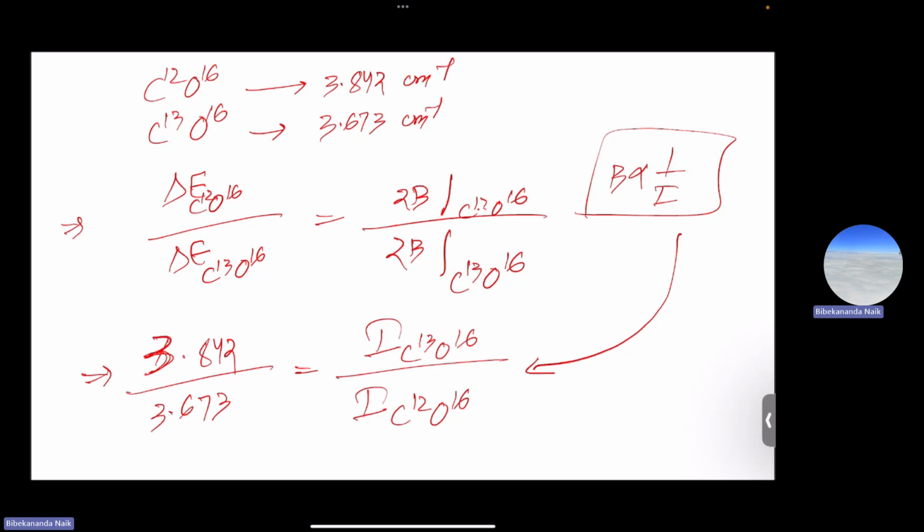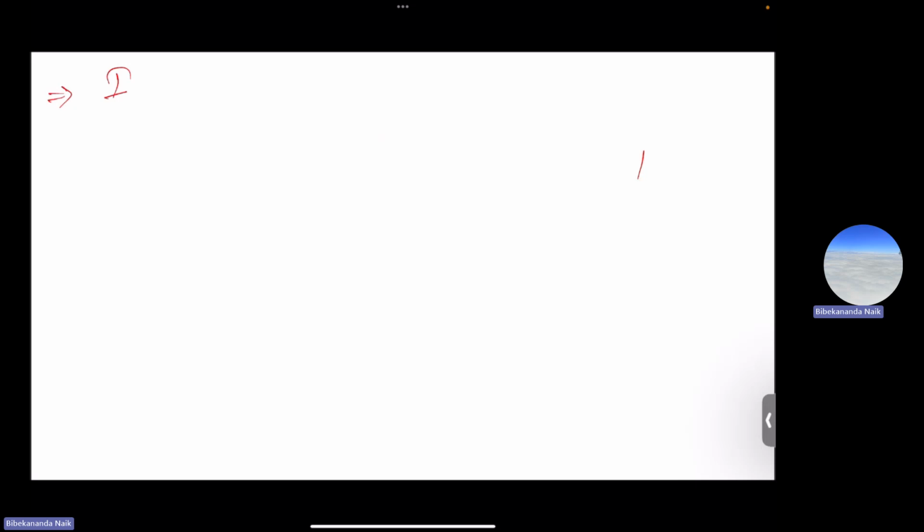So if you calculate, I for C13O16 and I for C12O16, it is 3.842 divided by 3.673, it is 1.046.